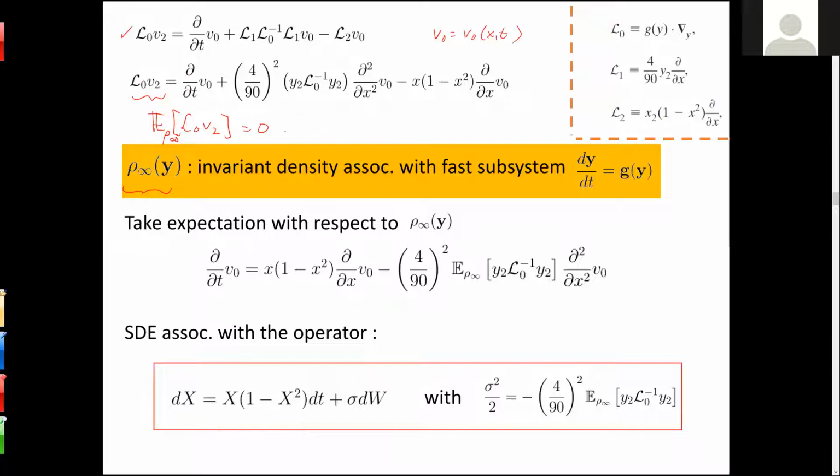This is because the invariant density solves, yeah, this is true: if you apply the adjoint operator to the invariant density, it will give you 0.